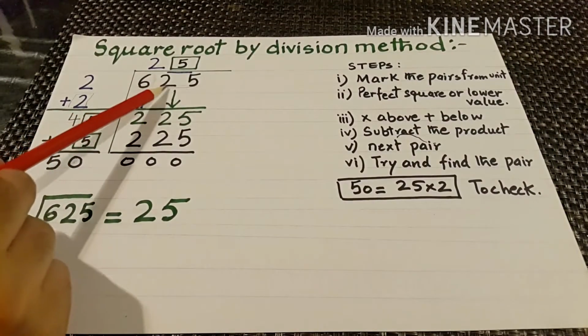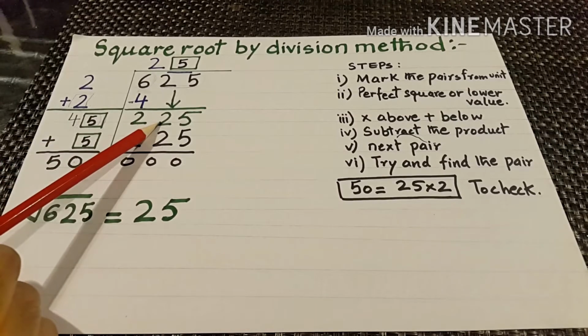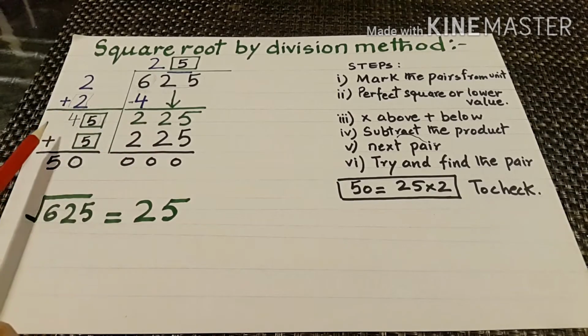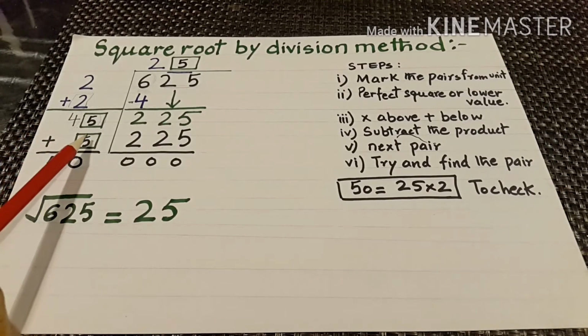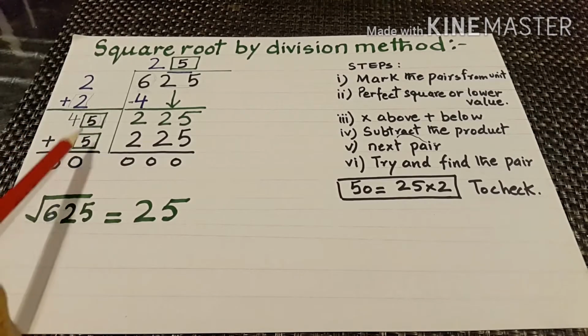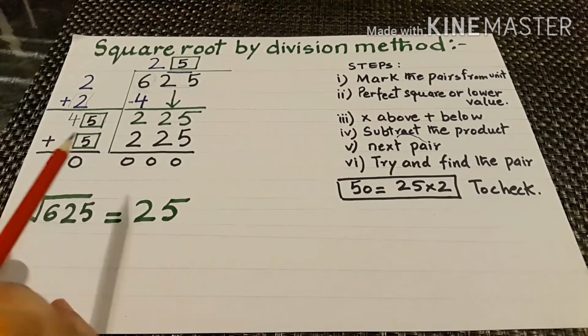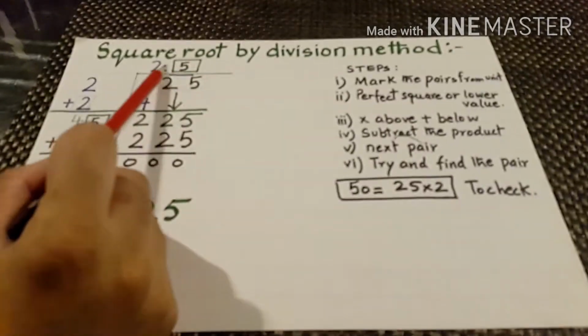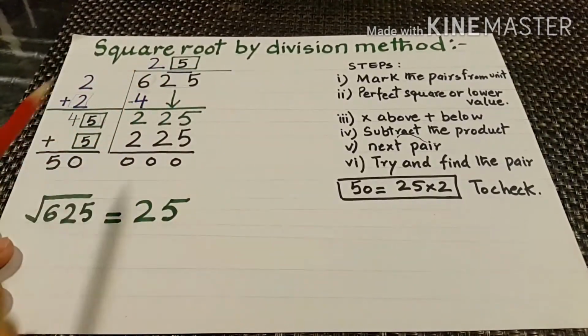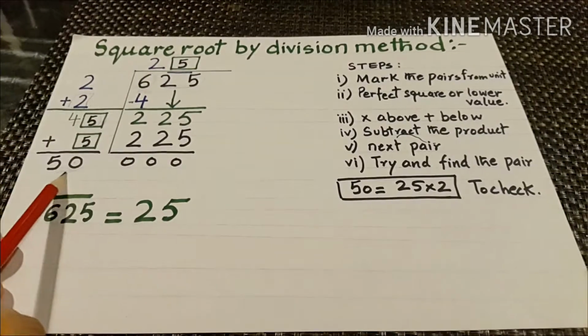Then we have brought in the next pair, and we found out the number that is fitting here, here and here. And to check this number, when multiplied by 2, should be this number.